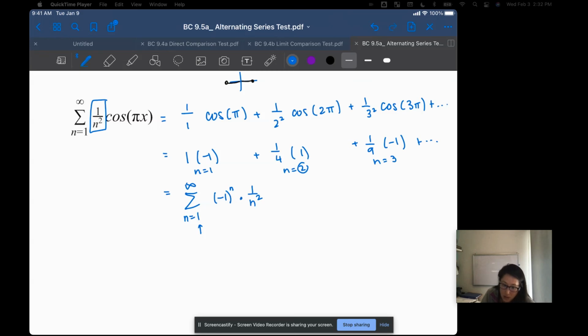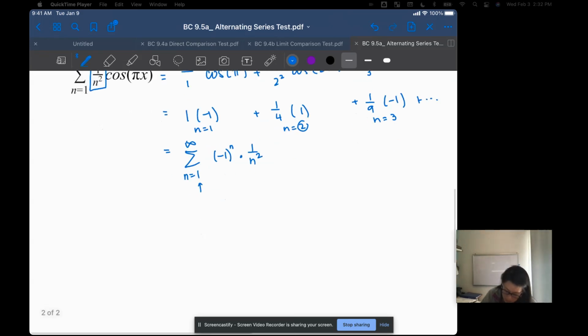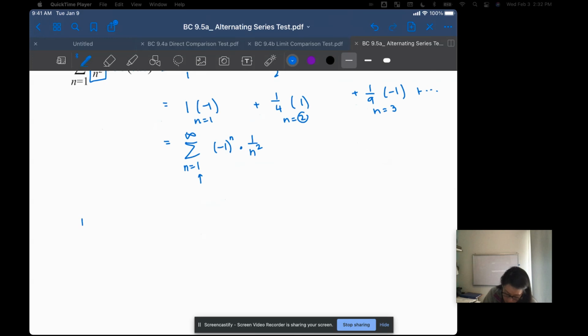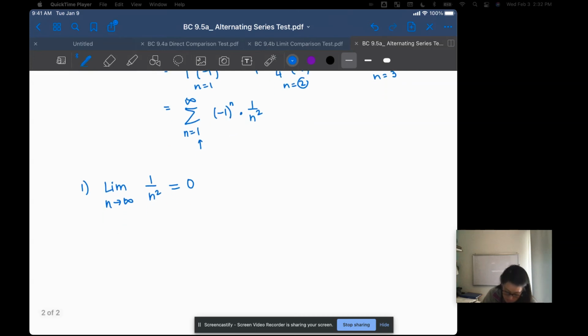Okay, so we see that the series alternates, so I'm going to try my 2 tests here, my 2 conditions. The limit as n approaches infinity of 1 over n squared is going to equal 0 because the bottom is going to zero out our fraction. So that's test number 1.